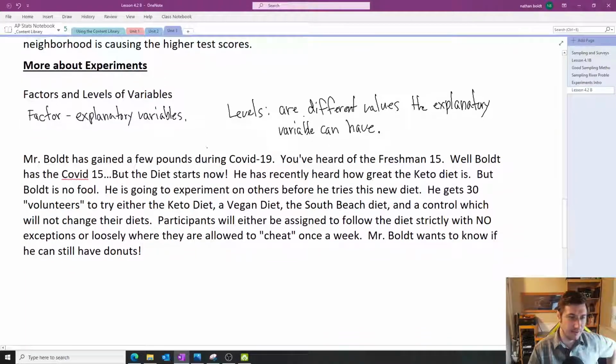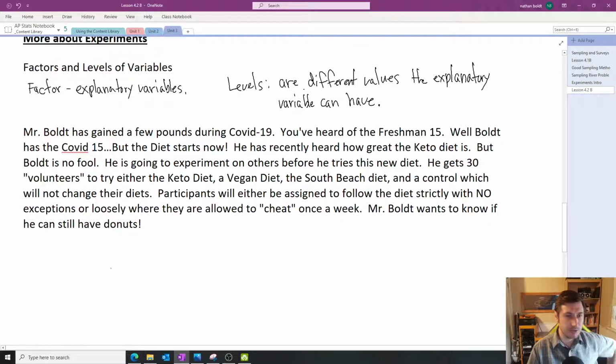So here's my example for that. Mr. Bolt has gained a few pounds during COVID-19. You've probably heard of the freshman 15. Well, Bolt has the COVID 15. But the diet starts now, right now. He has recently heard how great the keto diet is. But Bolt is no fool. He is going to experiment on others before he tries this new diet.